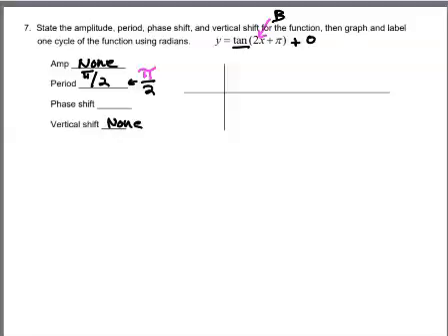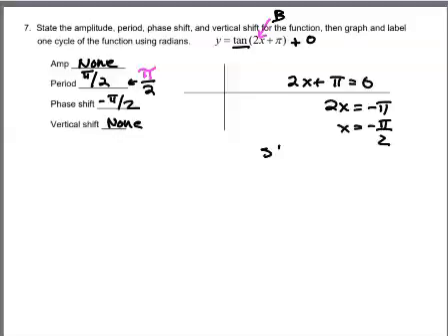And then for the phase shift, for all of them, take what's inside the parentheses, set it equal to 0, and solve it. So I end up with negative pi over 2. Just like before, I start at negative pi over 2. I end at negative pi over 2 plus pi over 2, which is 0.